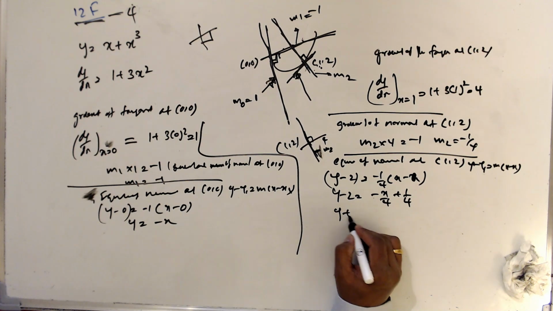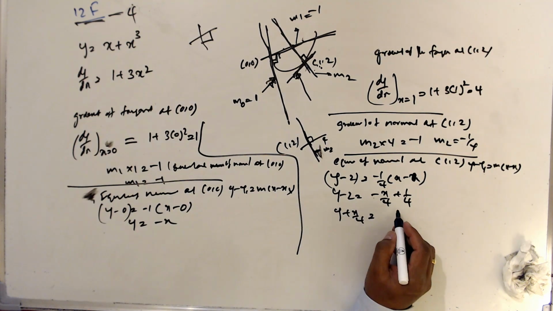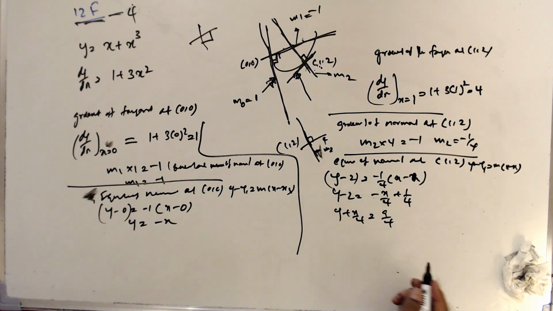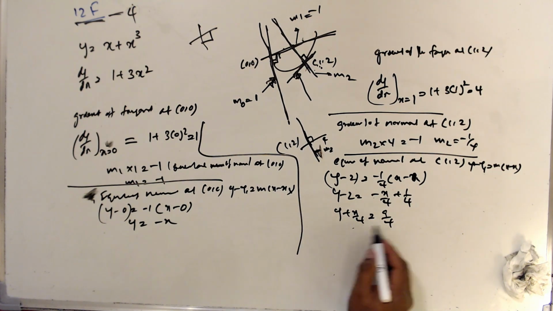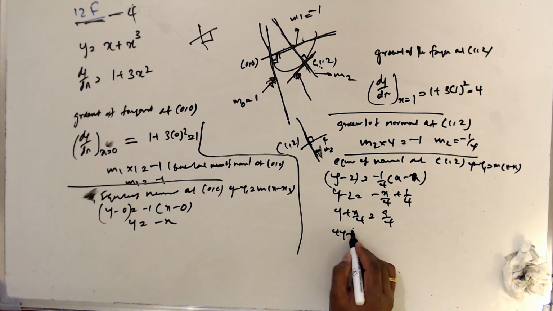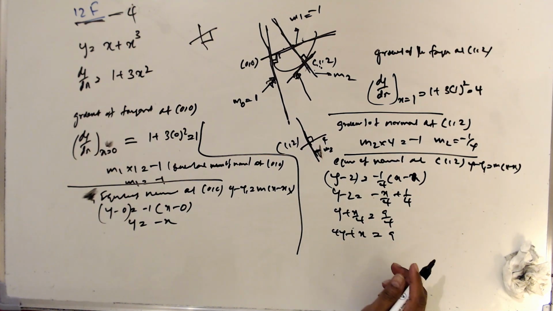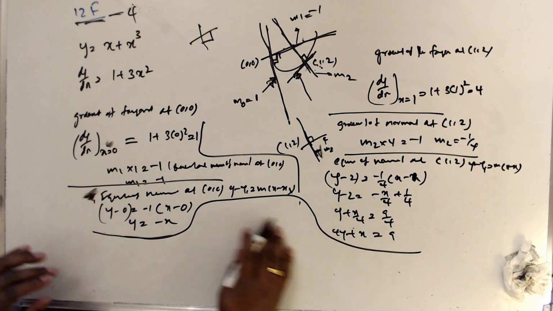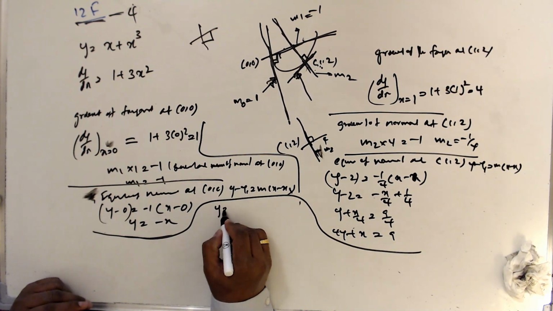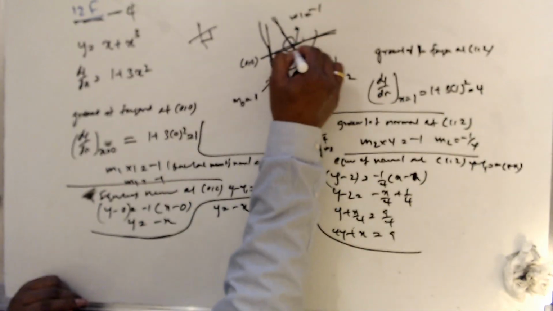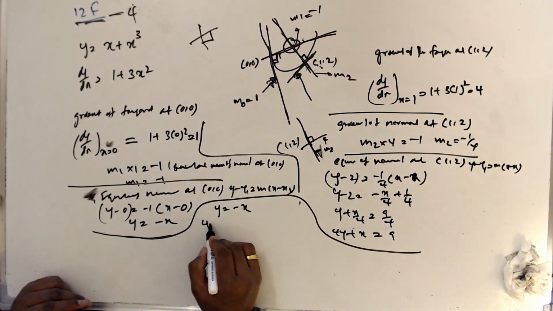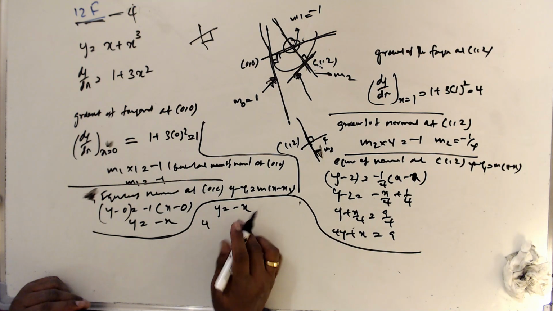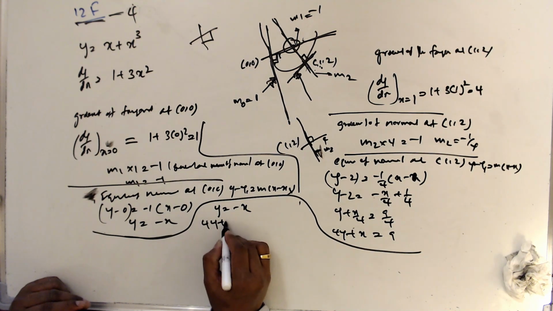So y plus x over 4 equal 9 over 4. So multiply by 4: 4y plus x equal 9. Now we have two equations to solve. Y equal minus x, to get this point's coordinates, and 4y plus x equal 9.